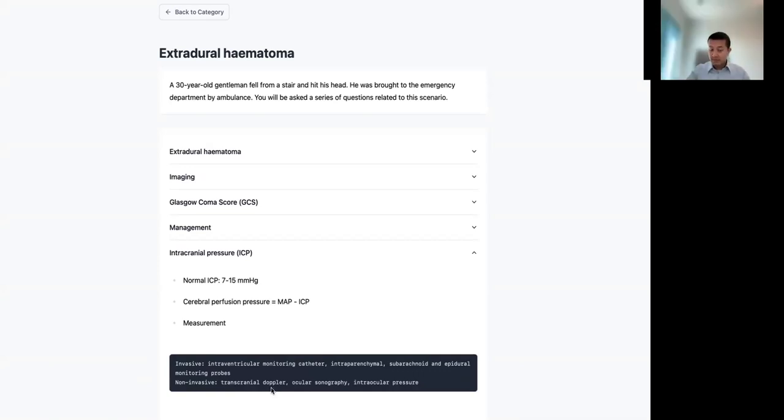For transcranial Doppler, we put an ultrasound probe, and it measures mostly the middle cerebral artery. We measure the velocity, and then we can estimate the pressure inside. Next is ocular sonography. The problem with the transcranial Doppler is that it has a very narrow window where you can see the middle cerebral artery, and often the examiner will find it difficult to find that window.